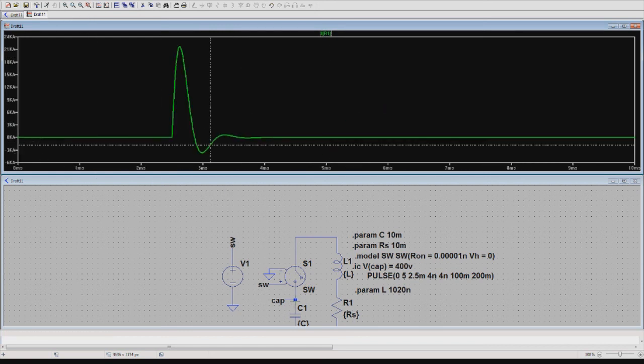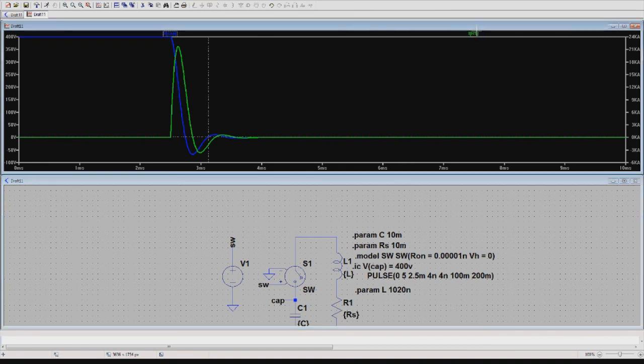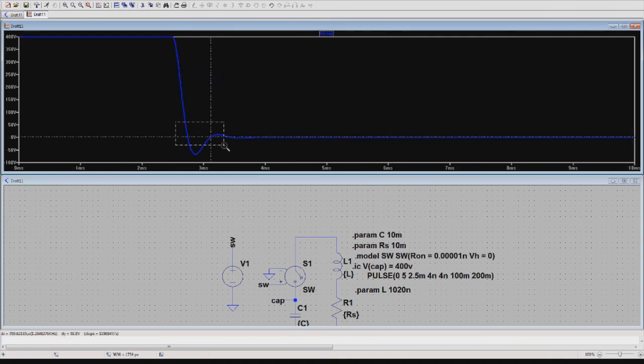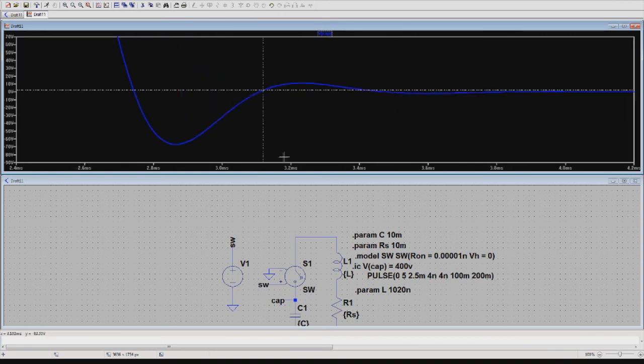And if we look at the capacitor voltage instead, what do we see? We see a negative voltage of almost minus 70 volts. Perhaps that's a blown up capacitor. Perhaps you just saved yourself, maybe.